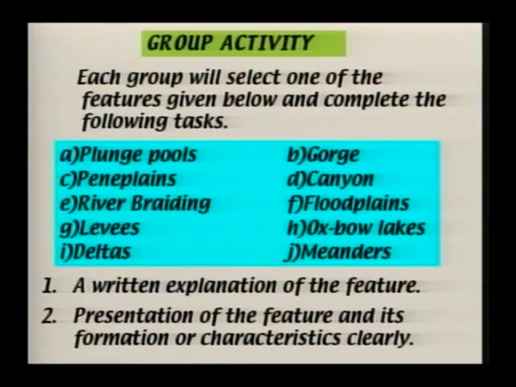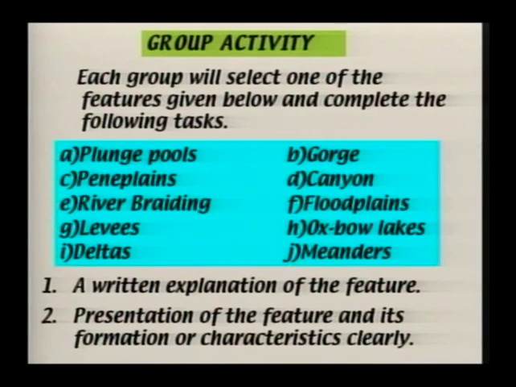So you select a feature. In your groups, you put that feature on a chart, and that chart should show the formation of that particular feature, and your presentation will be to explain to the rest of the class how that feature is formed and the different stages in the development of that feature.